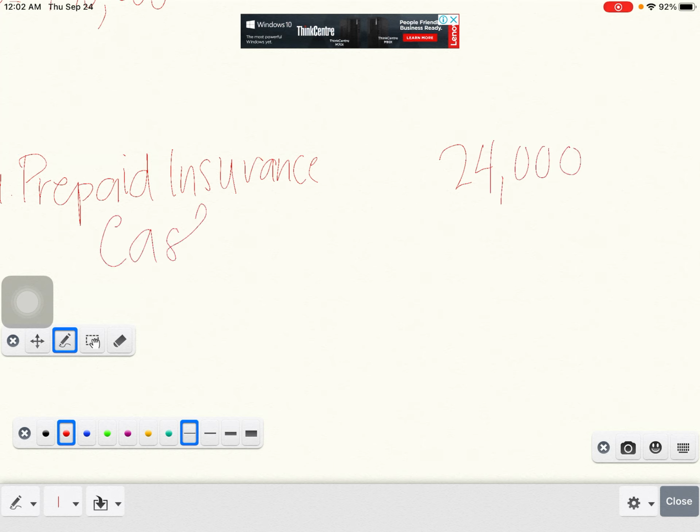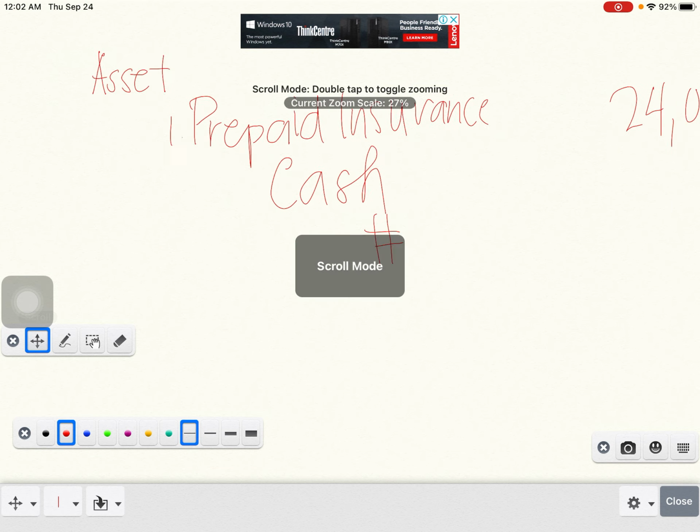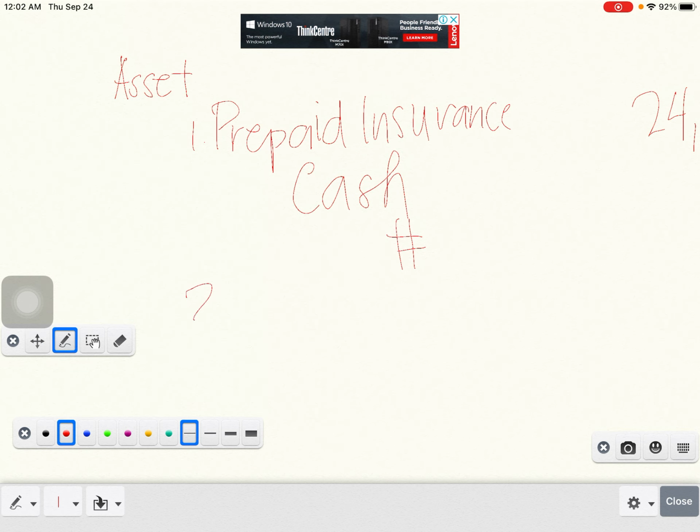Then, you paid it with cash, 24,000. Number 2. In your adjusting entry, although this is an asset method, what account will you record in your adjusting? So, this is the adjusting journal entry. We have already recorded the asset. So, if you are asked which account you will use in the adjusting journal entry, now, you will use the expense. It is the opposite.